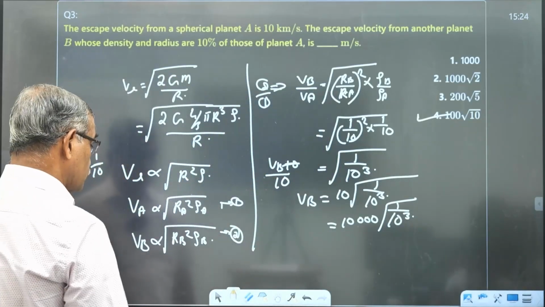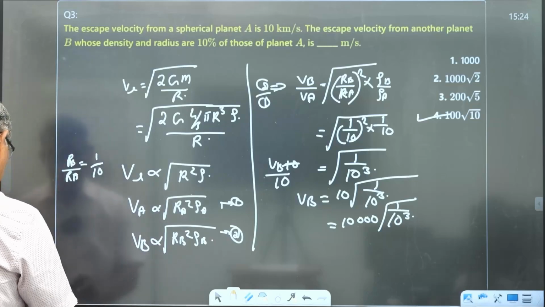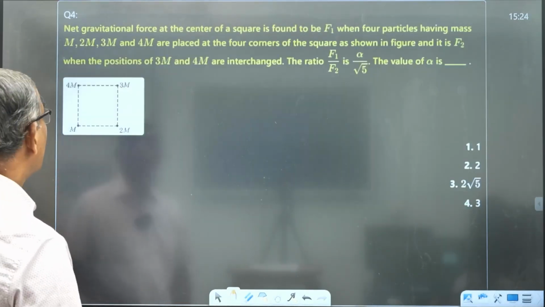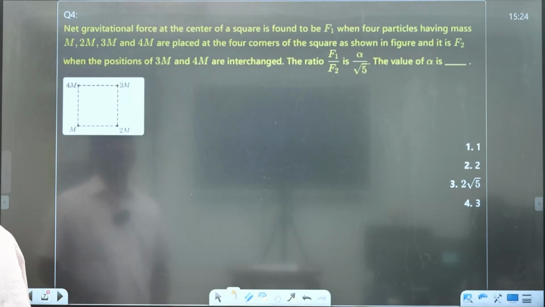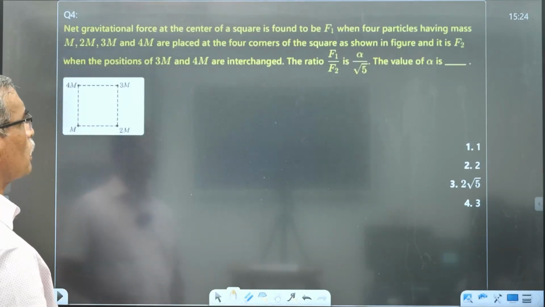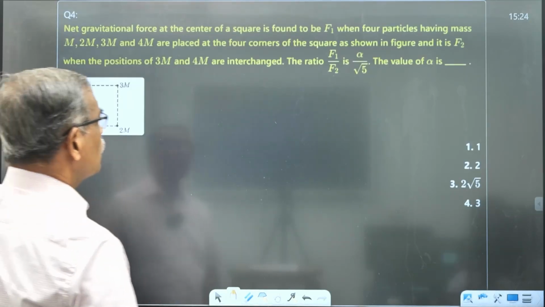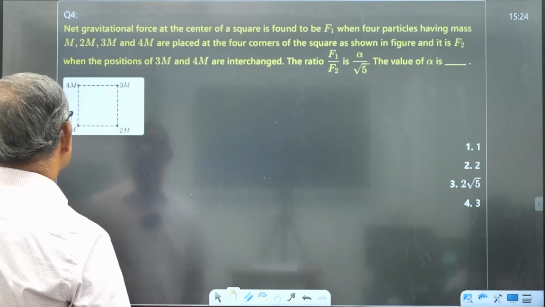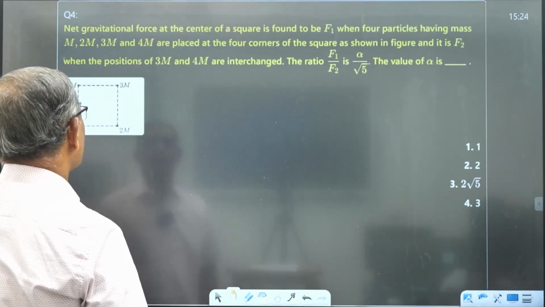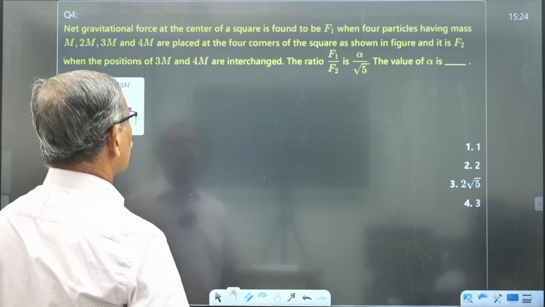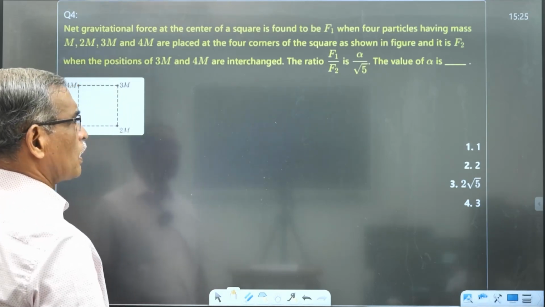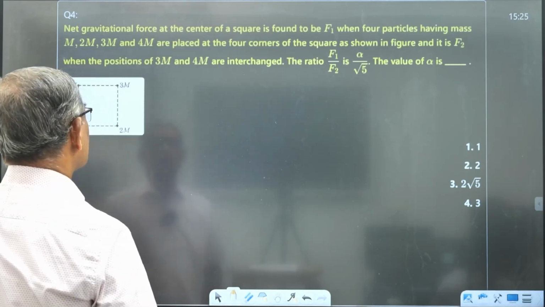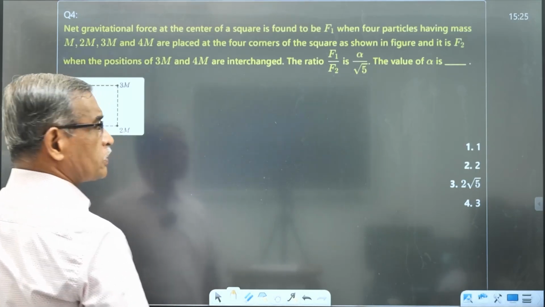Go to our next question. Net gravitational force at the center of a square is found to be F1 when 4 particles having masses m, 2m, 3m, 4m are placed at the 4 corners of a square as shown in figure, and it is F2 when the positions of 3m and 4m are interchanged.